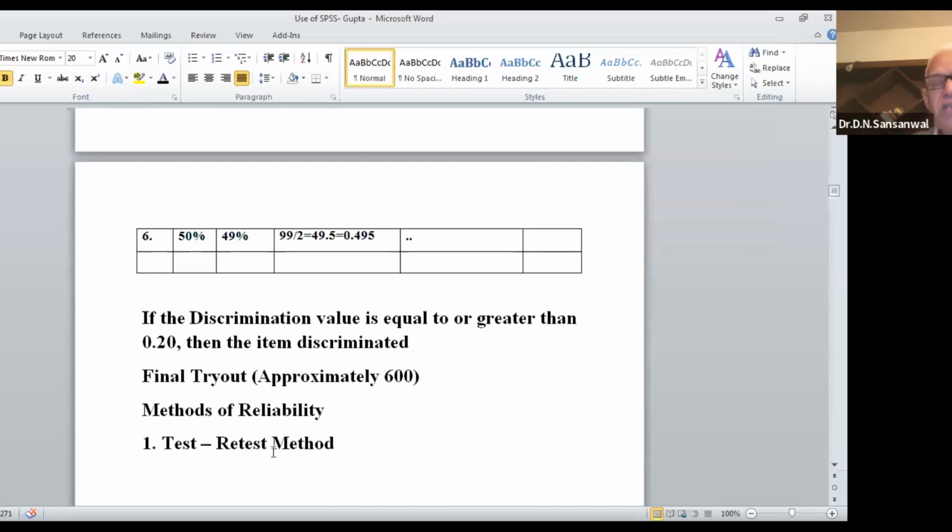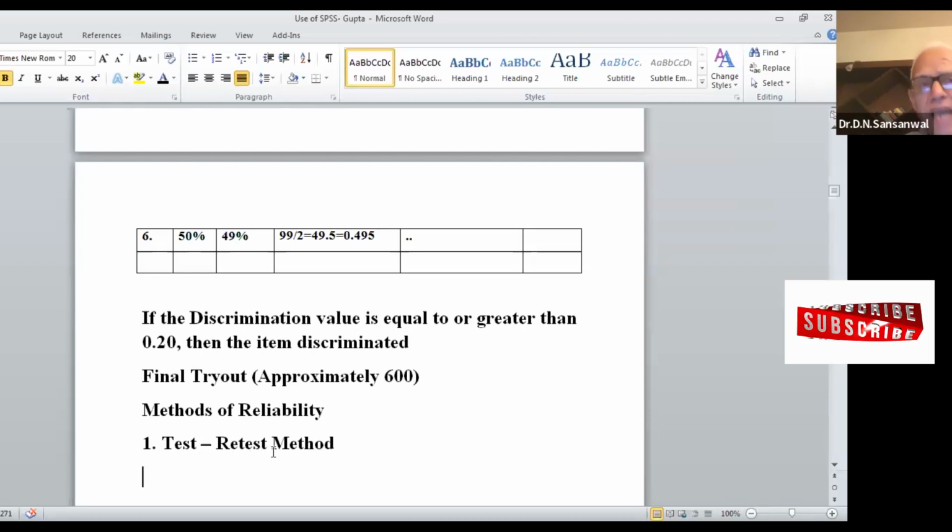Then you do the scoring, and that will be the scoring for the test. Now, this retest must be taken after a gap of some days. Now, how to decide the gap?